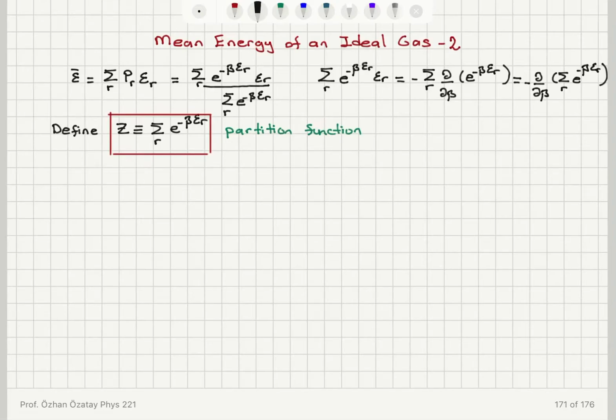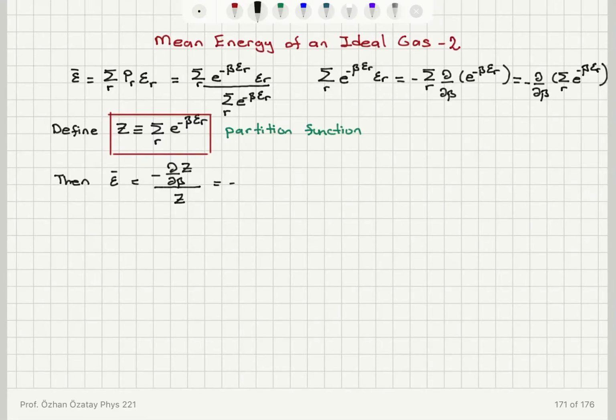This is for the molecule, for one molecule. Then I can write for epsilon bar the derivative with respect to beta, with a minus sign, of the partition function divided by the partition function.